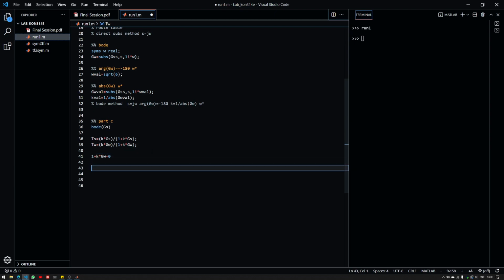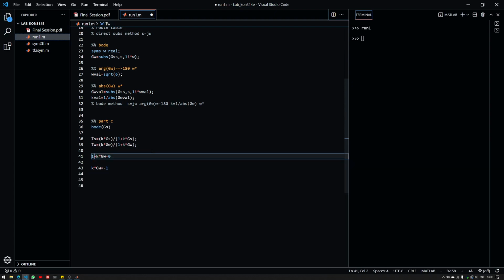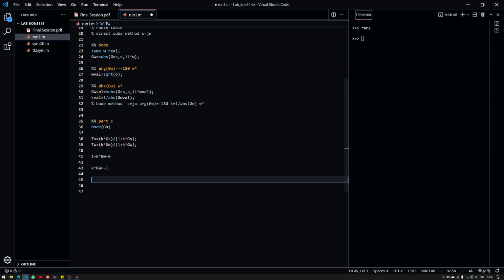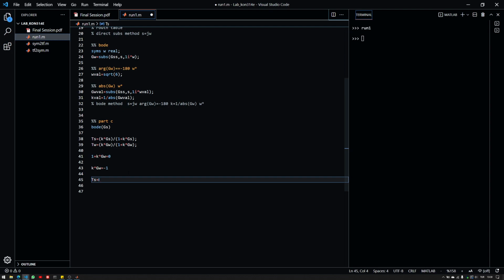We get k times g omega equals minus 1. If this occurs, then we have instability. Now, the way that I've derived this, I could also apply the same method to the part where I add some delay. Here, the closed loop is not k times g(s), but g(s) times, let's say, d for delay.